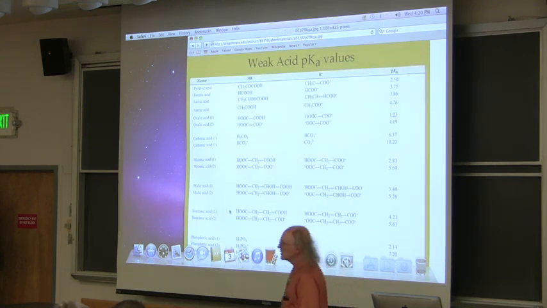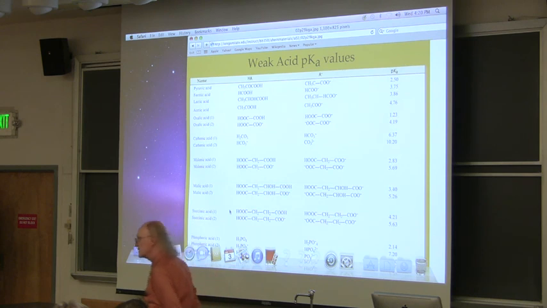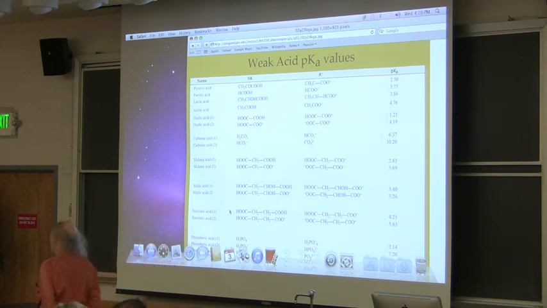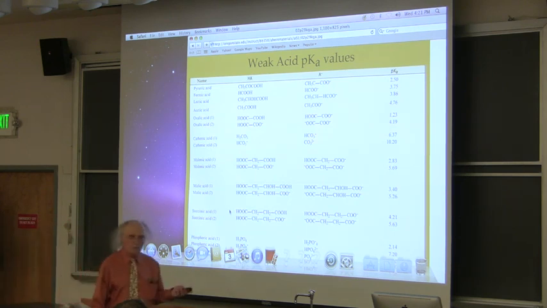Here are some various weak acids. No, you're not going to memorize this table. Some various weak acids that we find in living cells. You see the acid, the HA, you see the A minus, and you see the pKa value. Oxalic acid, you've got 1, you've got 2, and they each have their own pKa value.